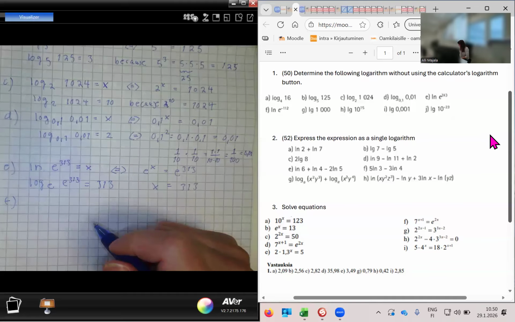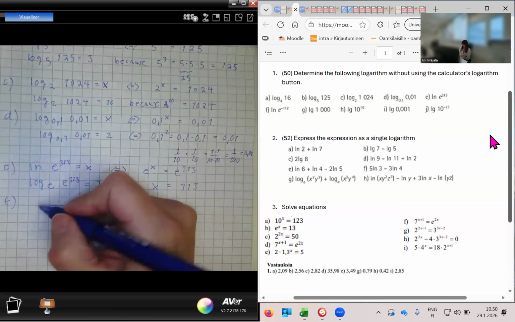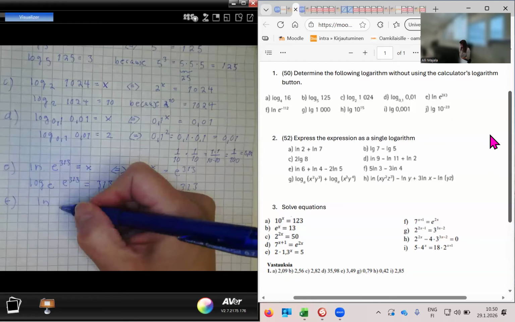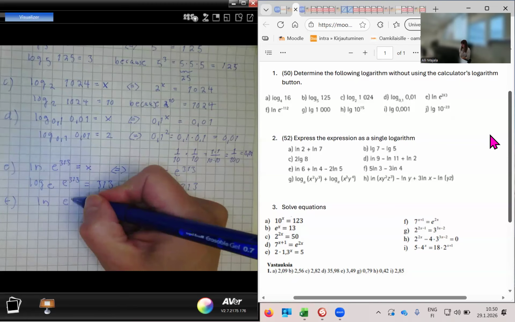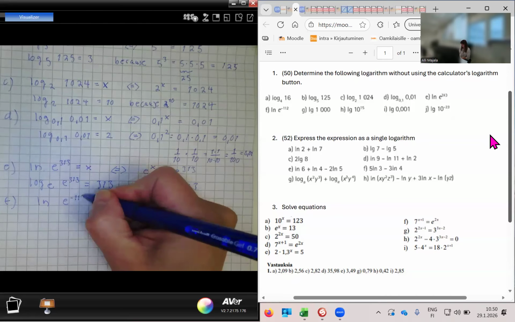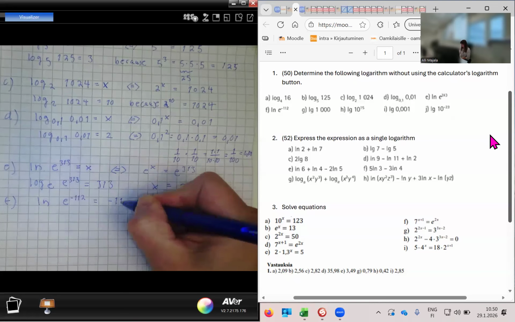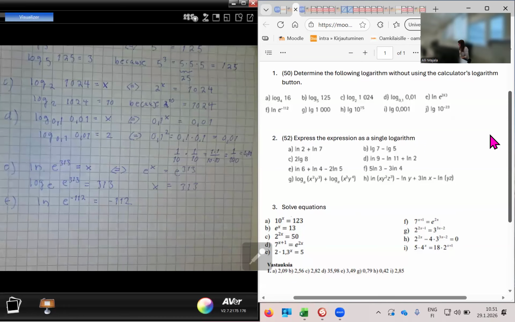Again, the same. So it's the minus. I don't write it again because the e is the base.